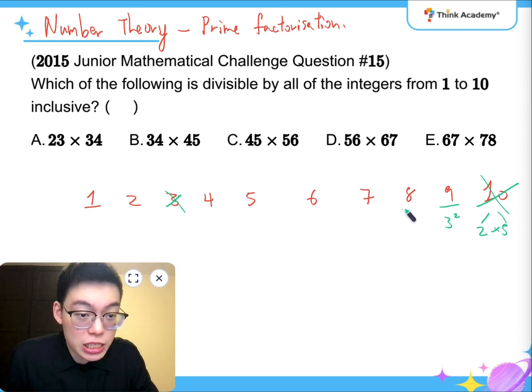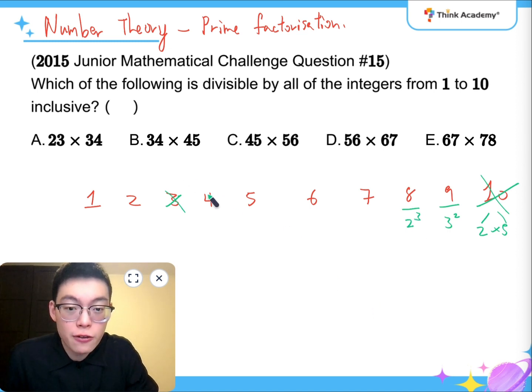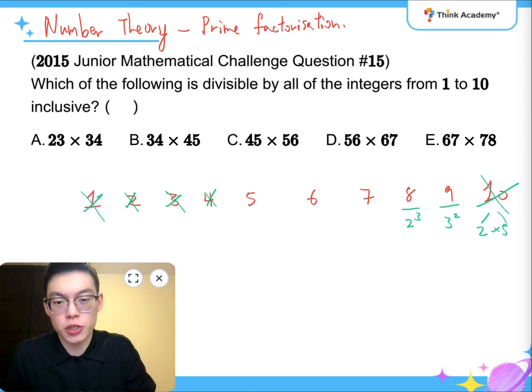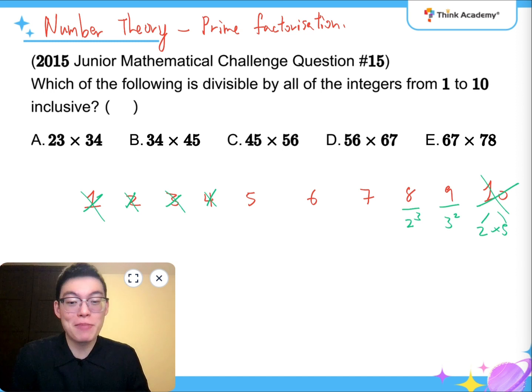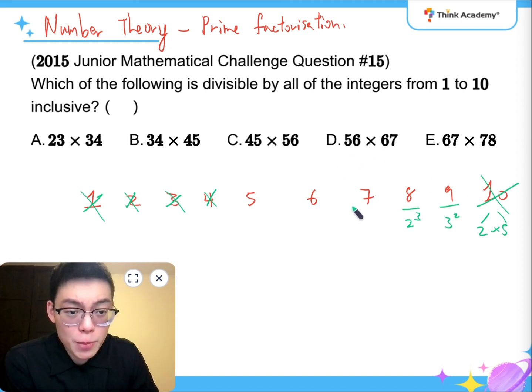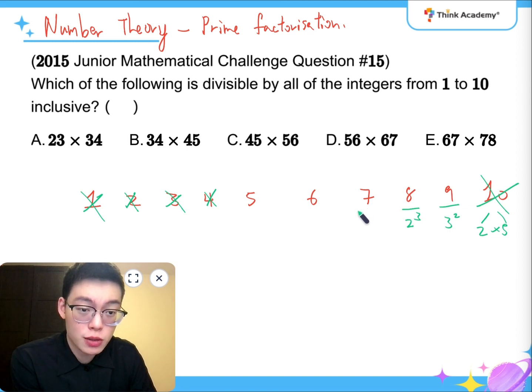As for 8, it is 2 to the power 3, which means that 4 is covered by it and 2 is covered by it. Of course, the 1. I should have eliminated it much earlier because anything is divisible by 1, right? Except for 0, of course. So as for 7, well, it can't be covered by anything else.